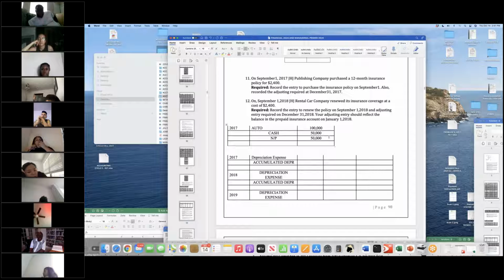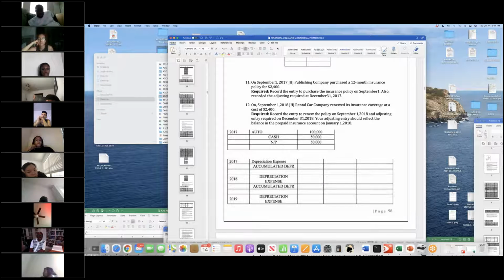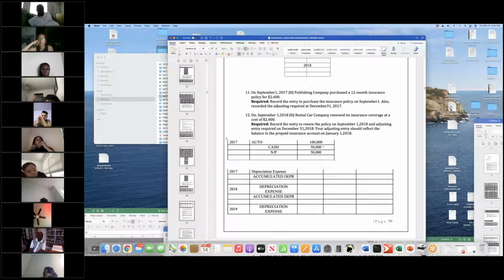So we got to write it off, and we're going to calculate our depreciation expense. So two things are going to happen. First of all, we're going to divide 100 by 4, and so we're going to get the expense to be $25,000. But because this is a long-term asset, we credit accumulated depreciation for $25,000.